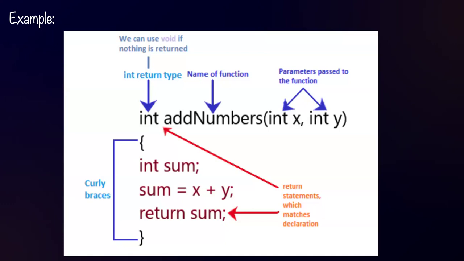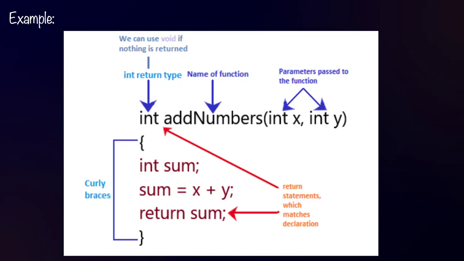If we want nothing to be returned, we can use void also. Then comes the name of the function, that is addNumbers, that we have declared. So name of function, then parameters passed to the function. This is what the parameter means.